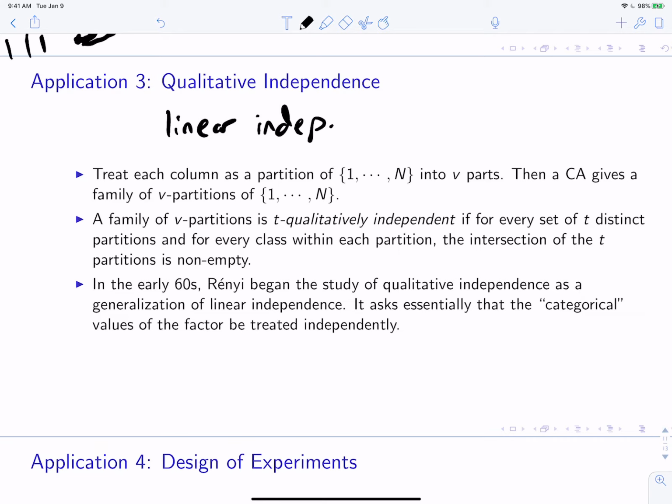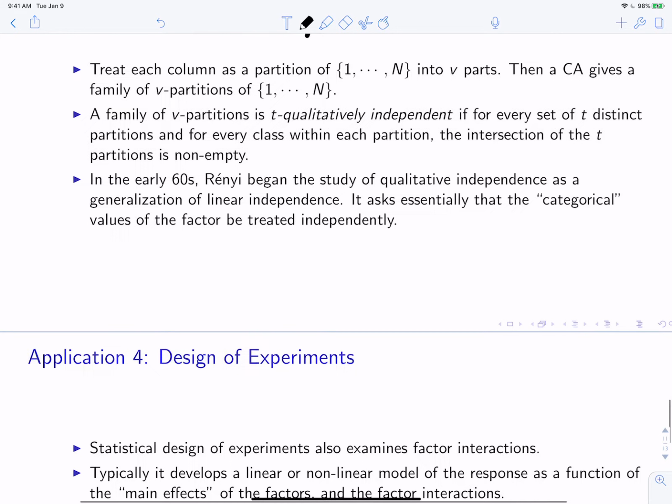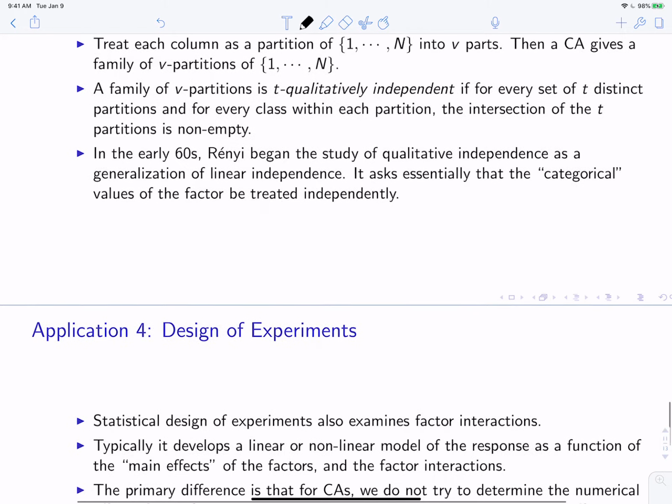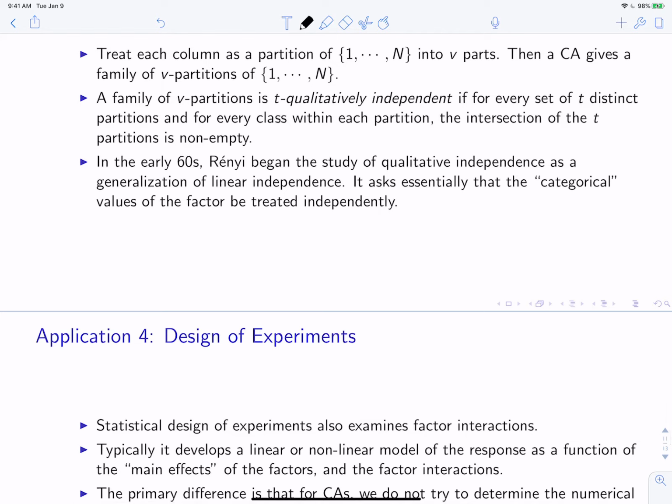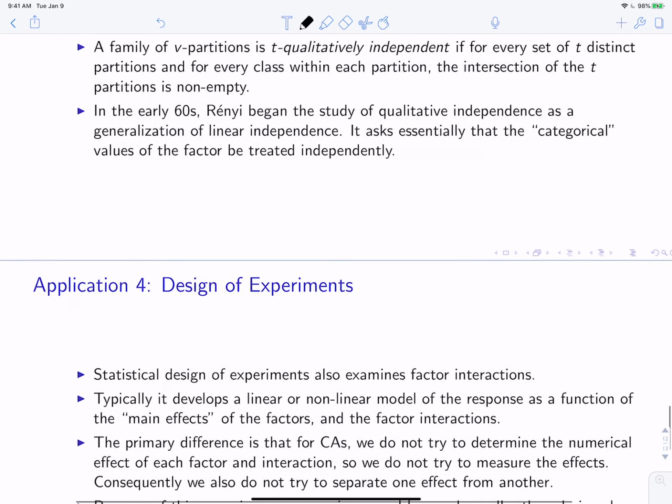It's a generalization of linear independence that Renyi was focused on. How many of you have ever heard of the Erdős-Renyi model for graphs? Erdős-Renyi. One person. Awesome. Yeah, so Erdős and Renyi formalized the notion of random graphs in a certain sense, and this happens to be the same Renyi.